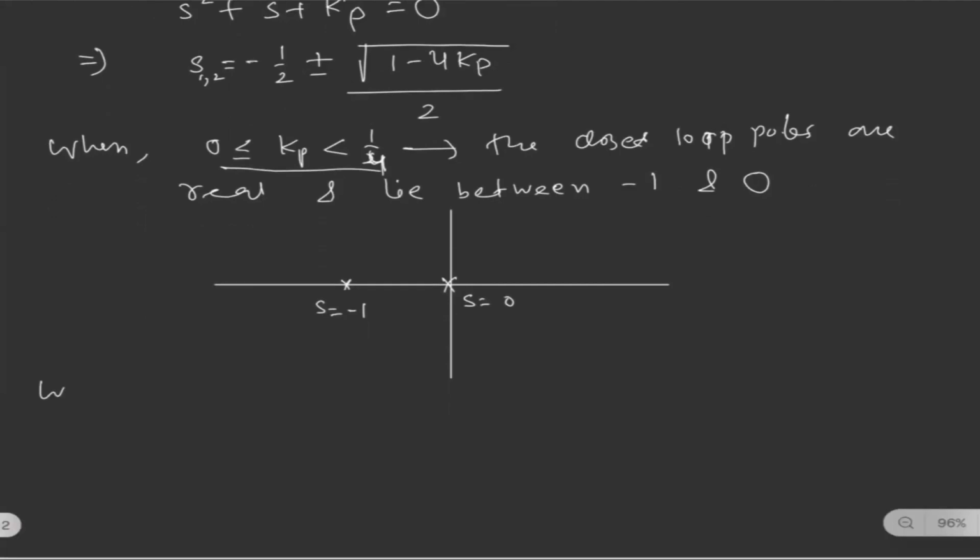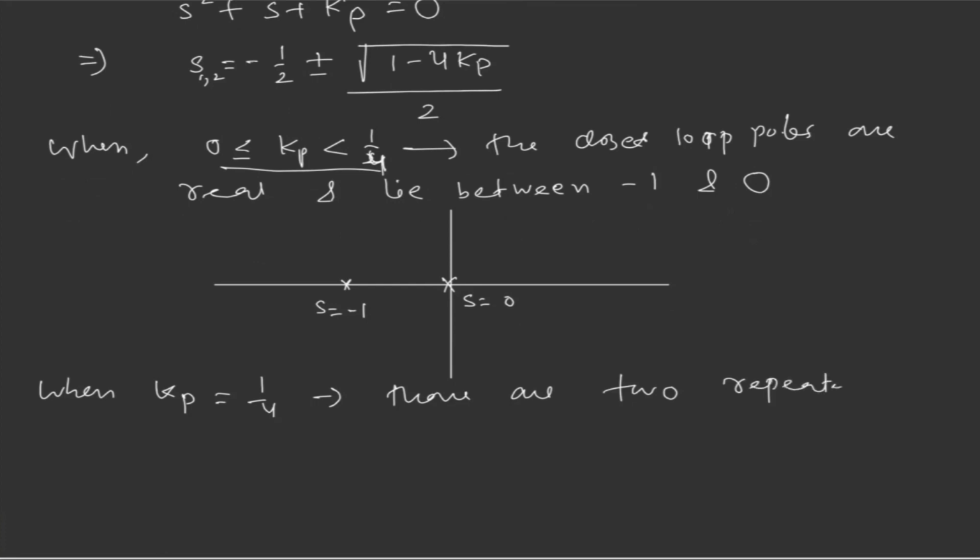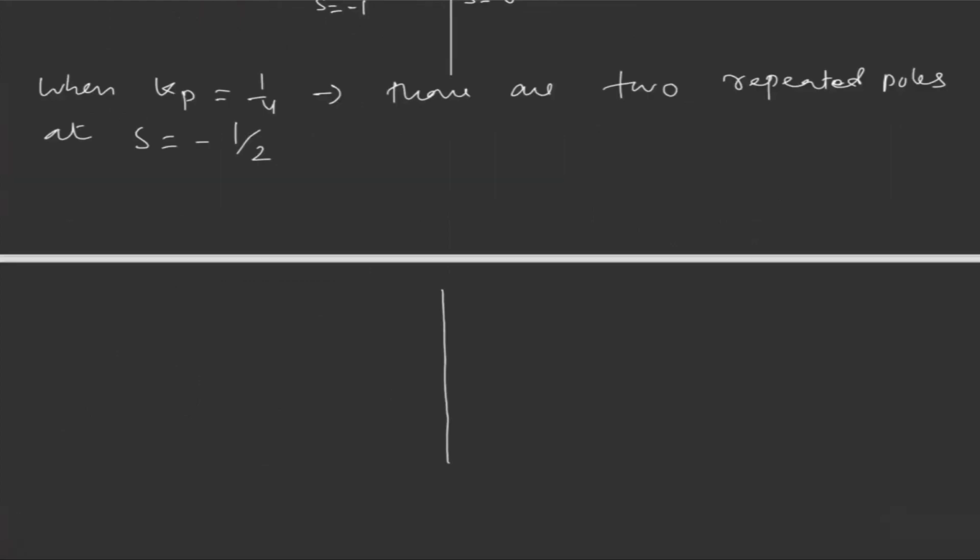And when Kp equal to 1 by 4, there are two repeated poles at s equal to -half. In this case, if you notice carefully, if you plot them at the same point, there will be two repeated poles.